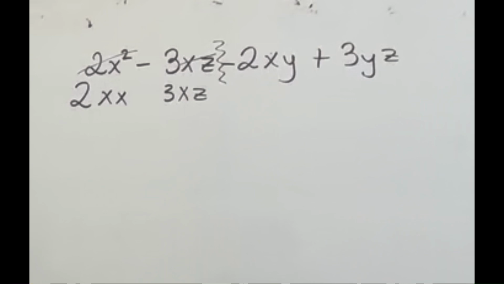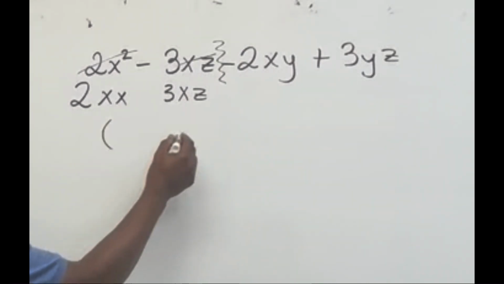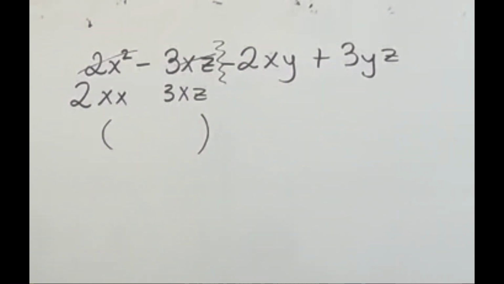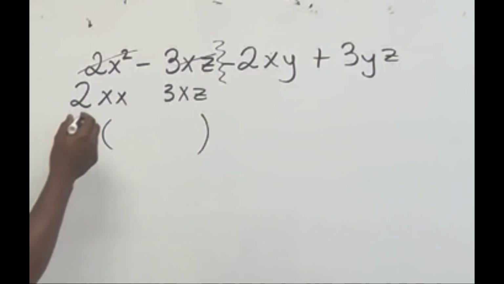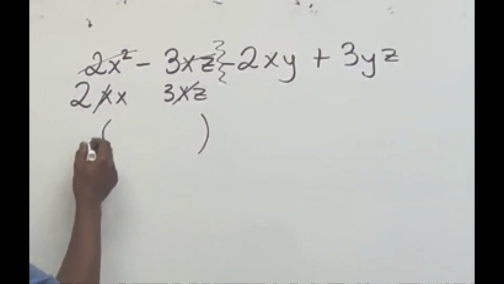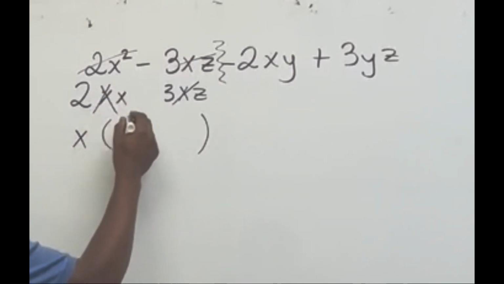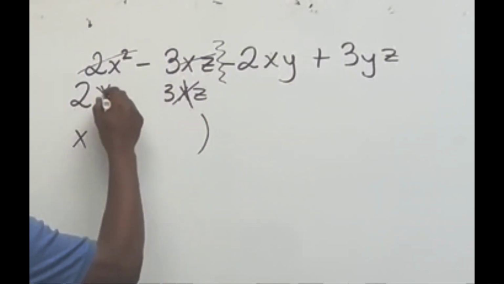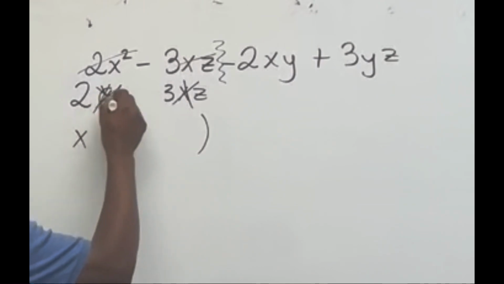What is a common factor that you see? 2x. It's not 2x. 2 is not a common factor. X is the common factor. So I'm gonna put X outside. See, this is the common factor that I see. So this one is out.